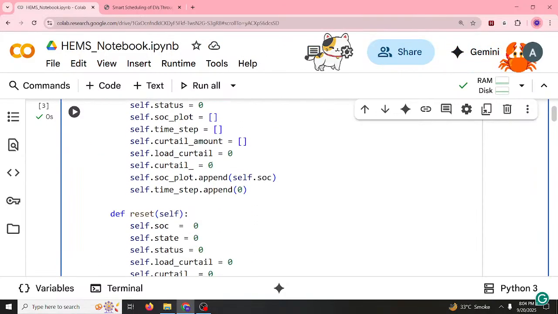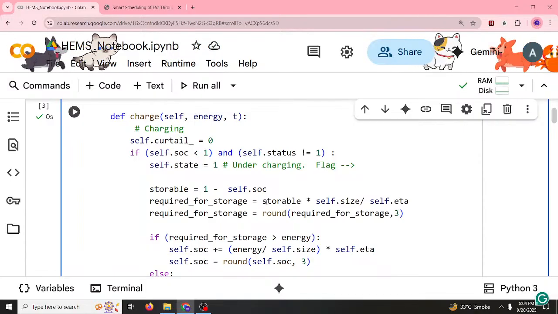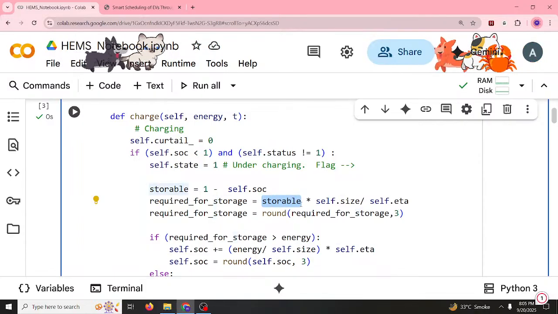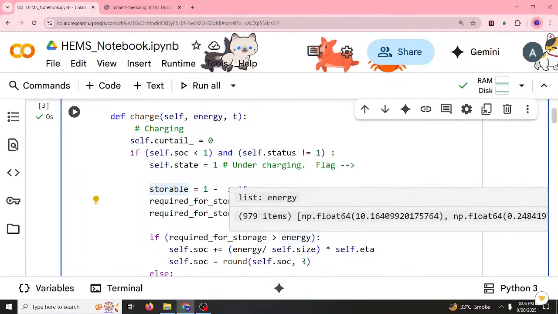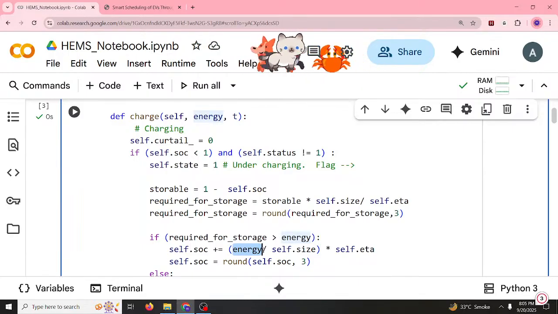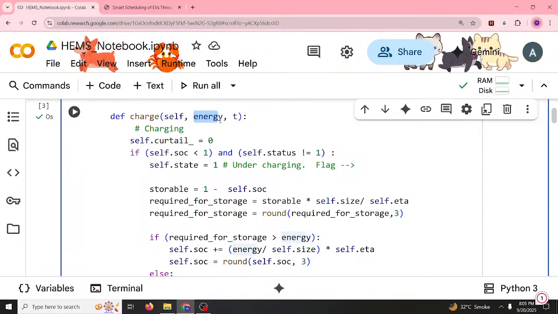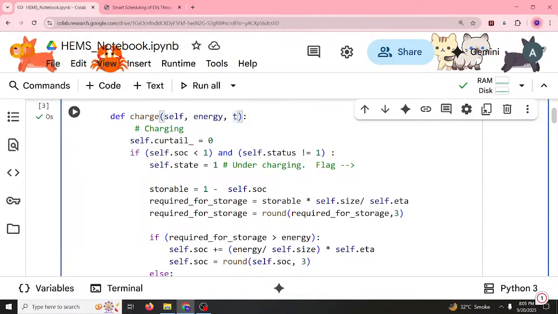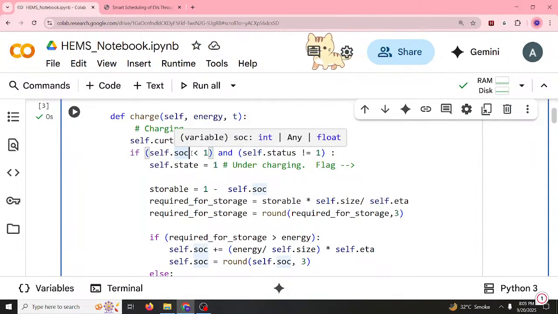So what the charging does here: we have some energy coming, that is storable energy, for the charge. Let's say x amount of energy will be charged at time t. First of all, it will check whether the battery is full or not.